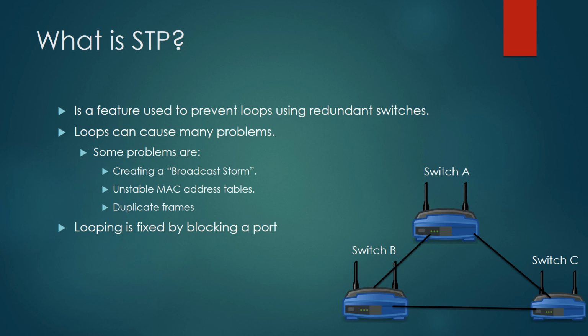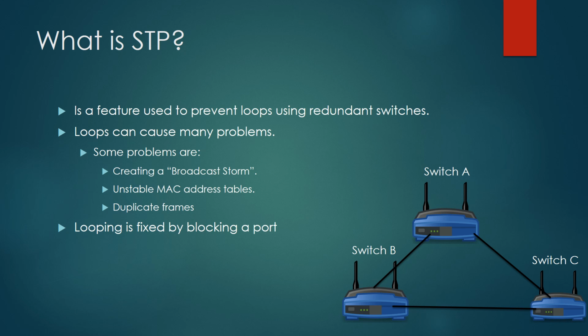When the broadcast storm happens, it can create an unstable MAC address table, which in hindsight is very bad because let's say switch A wants to send a packet back to switch B, but it already has a MAC address saved into its MAC address table, and that MAC address is switch C, which could be very bad.